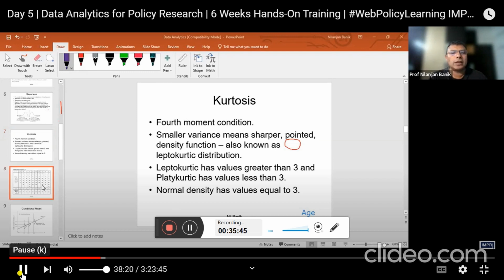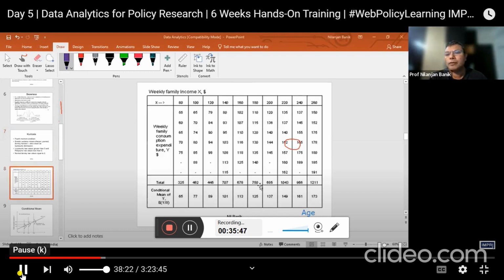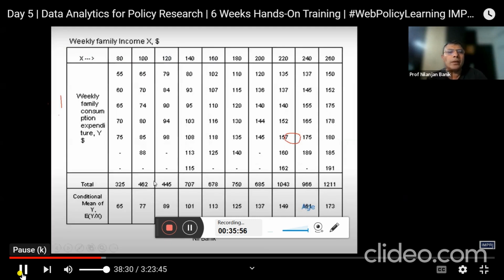Now, just to re-emphasize and rephrase and bring home the point one more time, I'm taking this from the book we are following, which is Gujarati. This is how stratified sampling works. Here you have family income and consumption expenditure data. So basically you are assuming that your consumption expenditure is a function of your income.